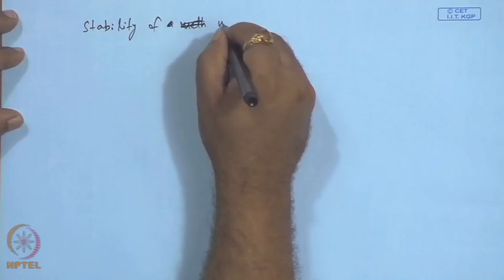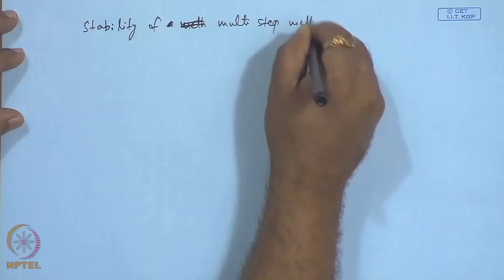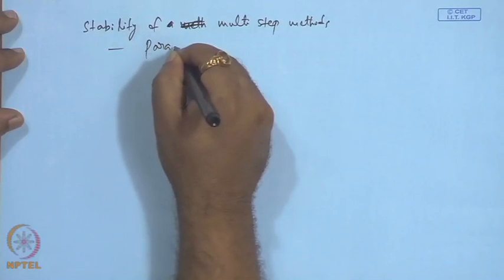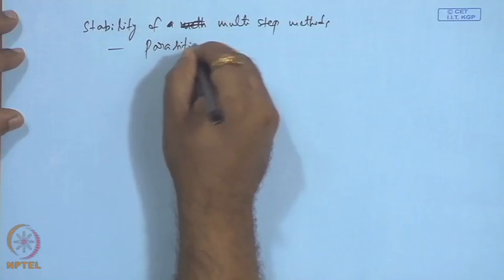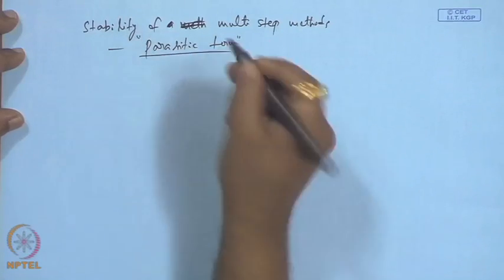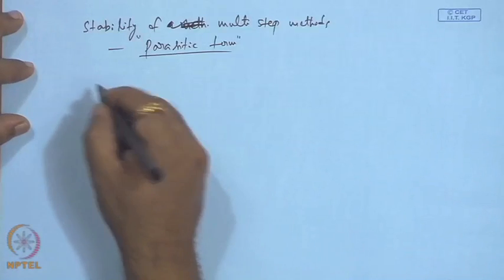Stability of multi-step methods, parasitic term. Okay. So, we will see what is this parasitic term. Okay.